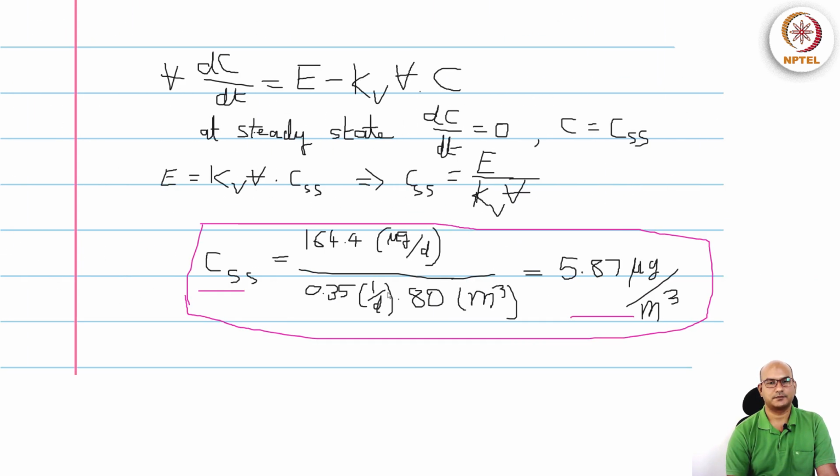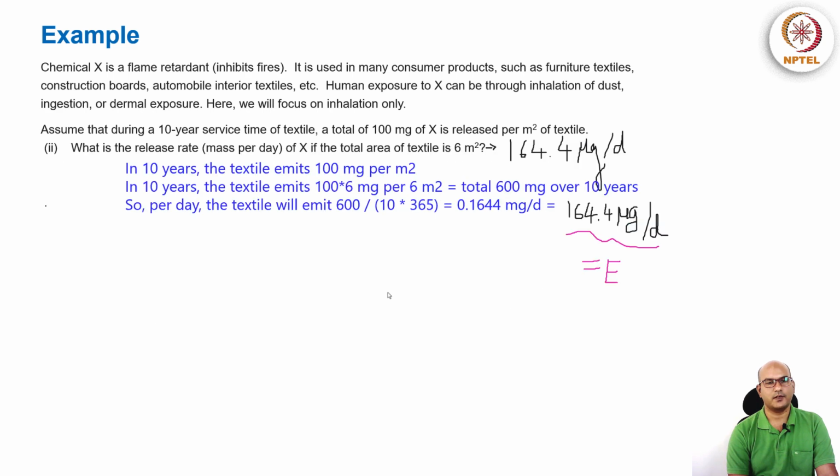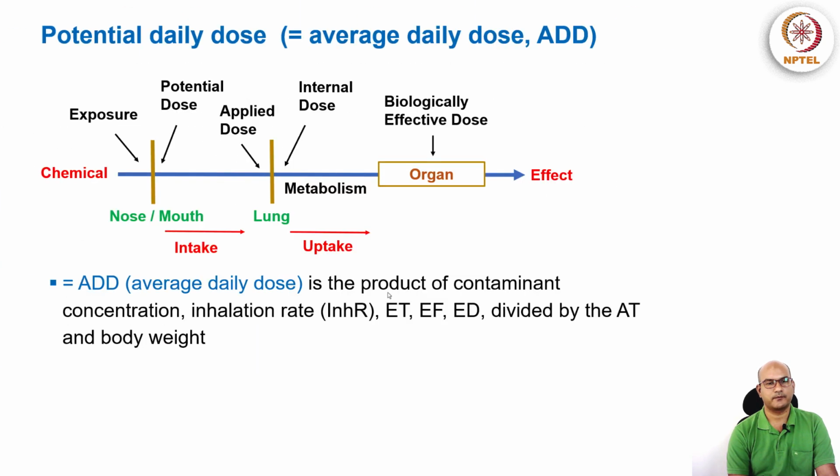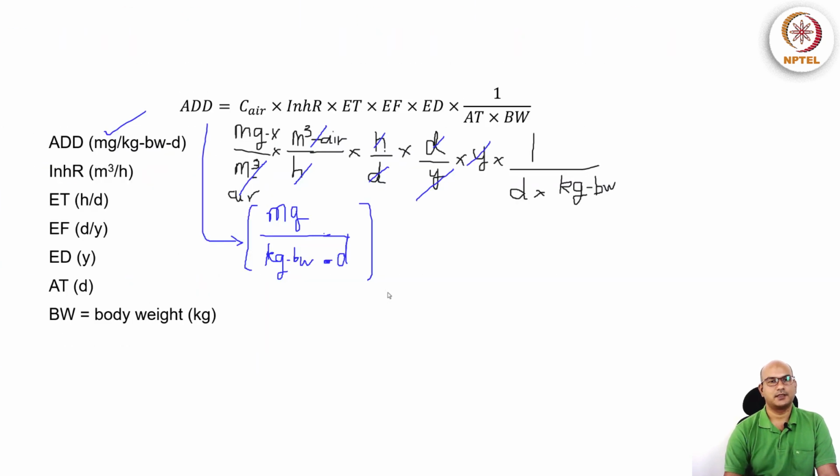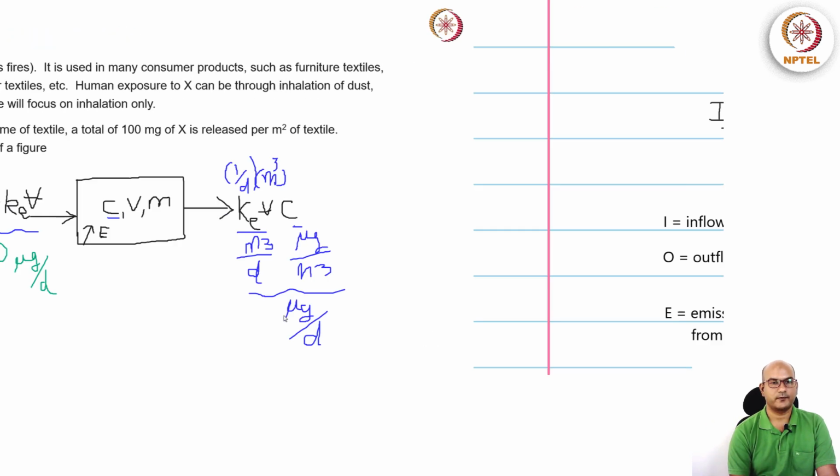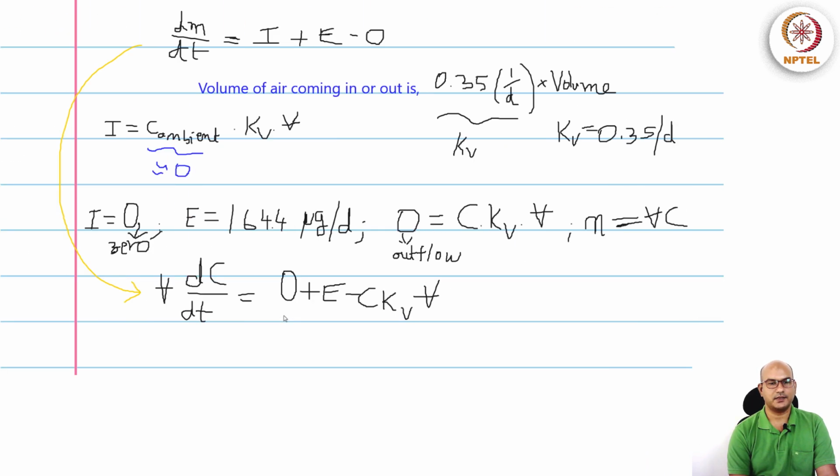Let's just go back to our ADD equation. Inhalation rate multiplied by exposure time, exposure frequency, exposure duration, divided by averaging time in days, divided by the body weight. So we will have this.